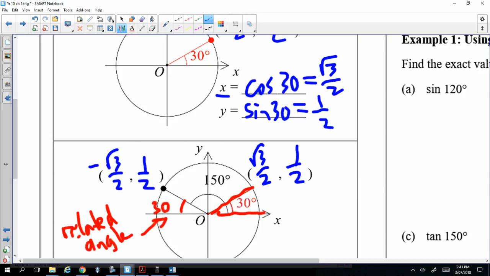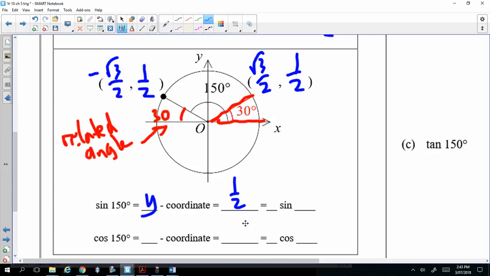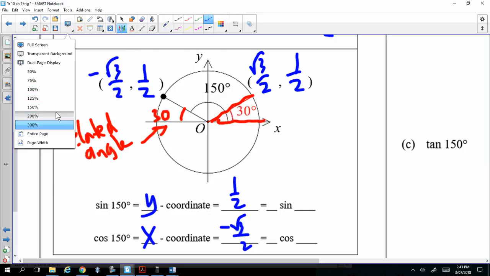This will allow us to calculate what sine 150 is. Sine 150 is the y value. What's the y value? Half, yes. And the cos 150 is x, which is negative root 3 over 2. But this is exactly the same as above, isn't it? Root 3 over 2 and half, except there's a change of sign.